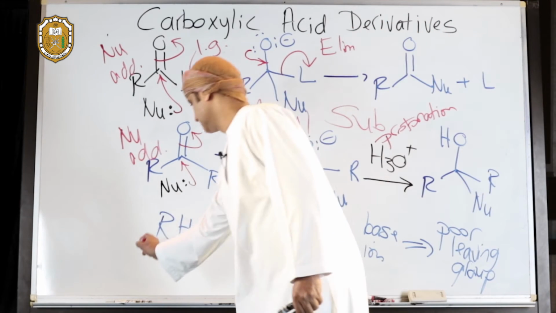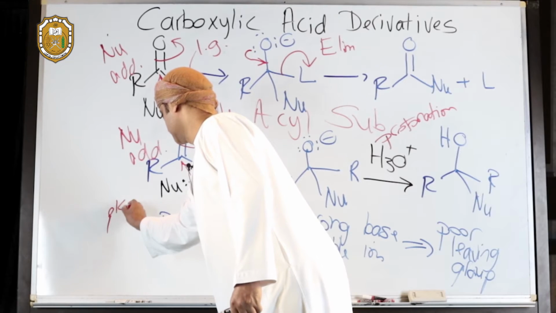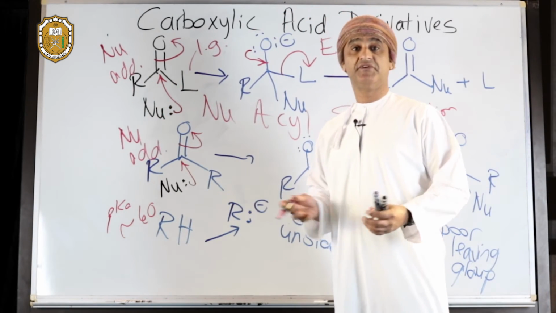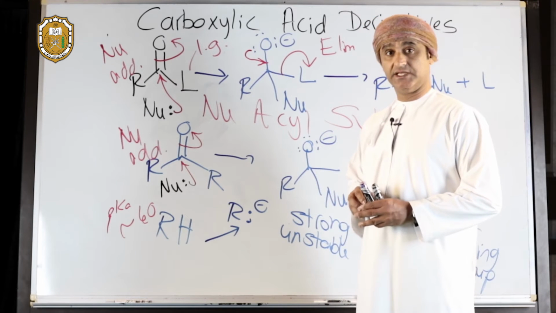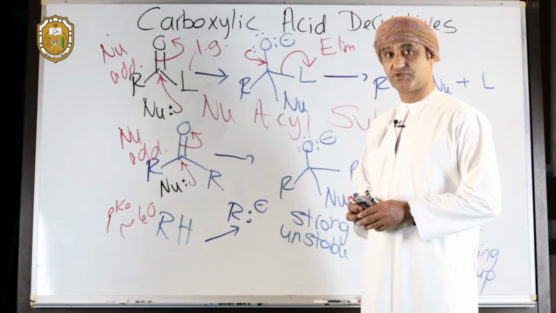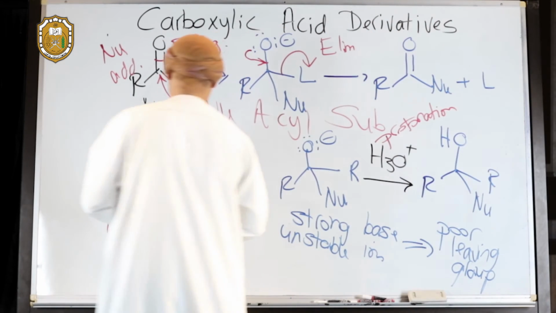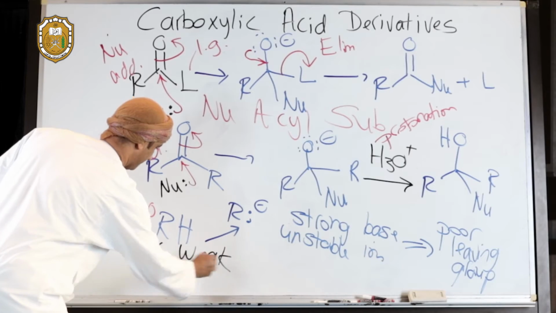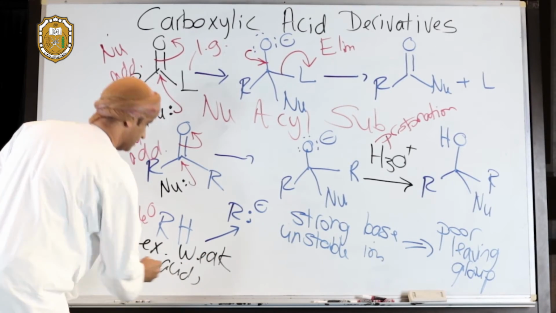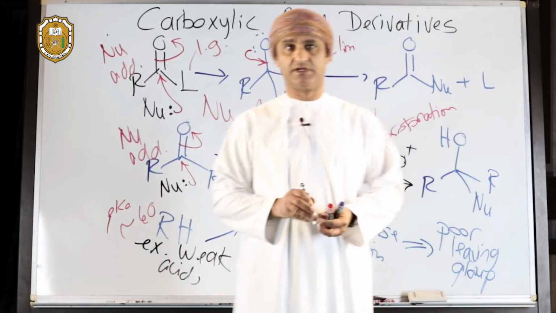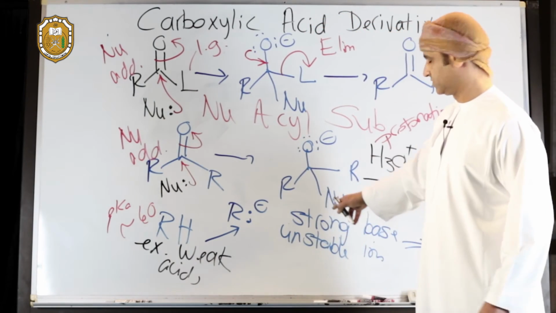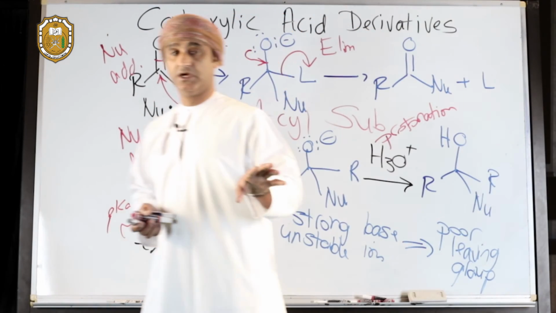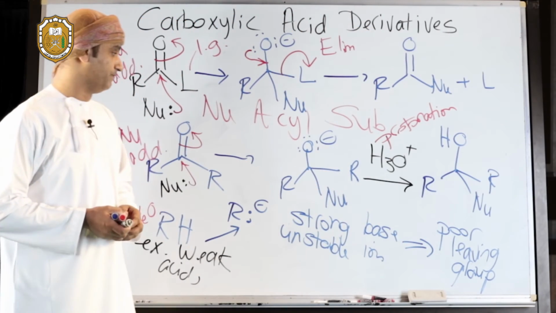The pKa of alkanes is about 60 in general. You can say from 50 to 60, but that's enough to say that alkanes are extremely weak acids. And of course, extremely weak acids produce extremely strong bases, and unstable ions, and therefore extremely poor leaving groups.